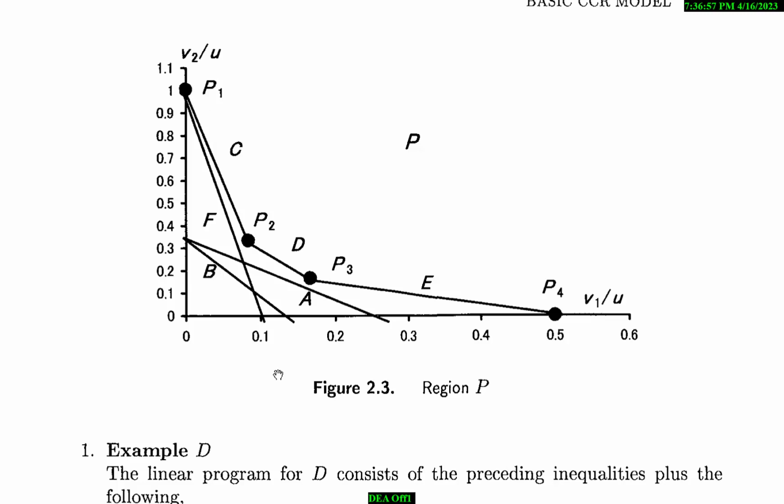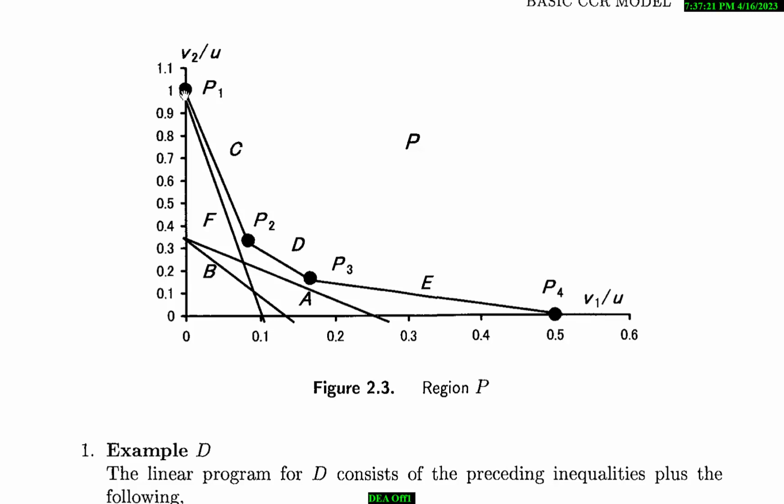So the efficiency is also 1, because it is the converse of this. And here you see the value of the first variable is 0, and the second one, V2, is 1.